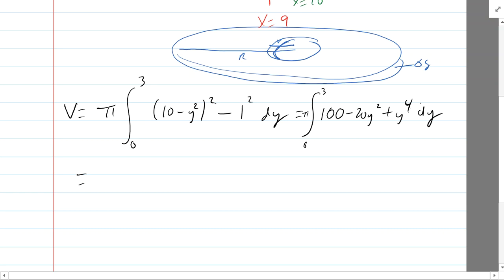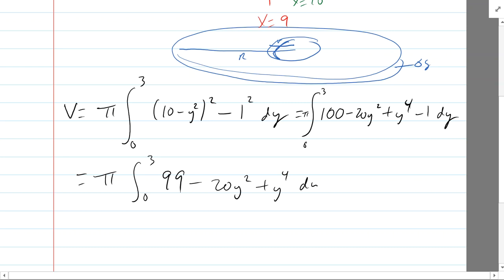Yeah, no, it's still minus 1. Minus 1 dy. Right? Yes. Okay, so is that going to become 99? Pi integral from 0 to 3 of 99, yes, minus 20y squared plus y to the 4th dy.